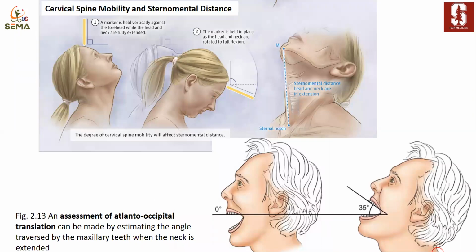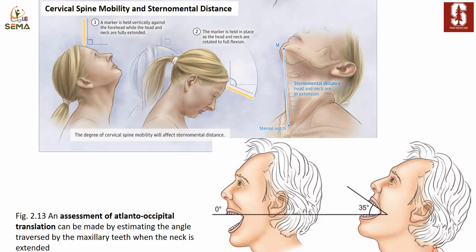Next, we're going to talk about the neck movement. This is very important. Under normal circumstances, the cervical extension is possible at the atlanto-occipital joint.